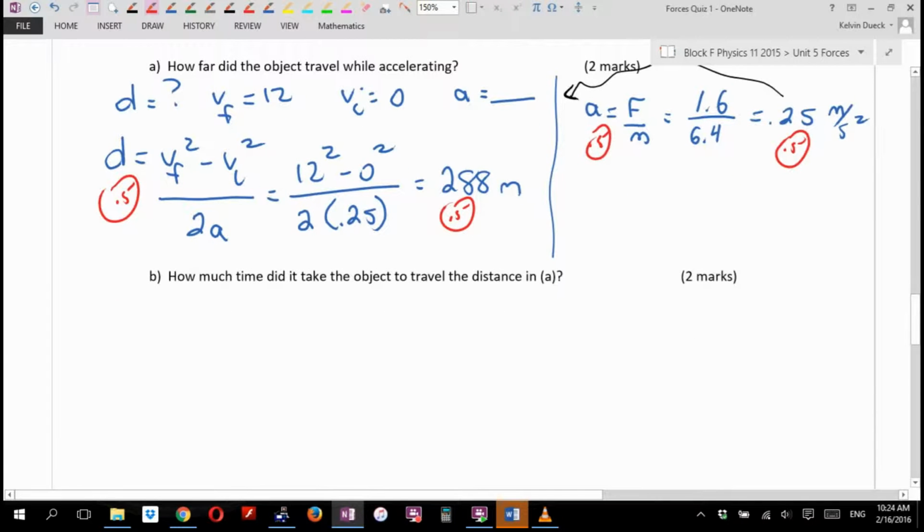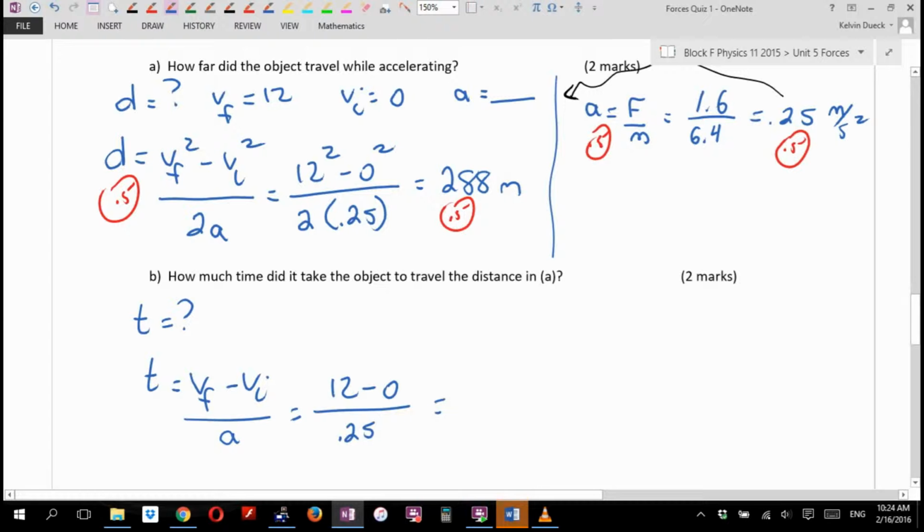How much time did it take to travel the distance in part A? You know what? I think I can go like this: t equals VF minus VI over A. There are other ways I could find t as well, but I think that'll get me there the cleanest. Because it's going to be 12 minus 0 all over 0.25.